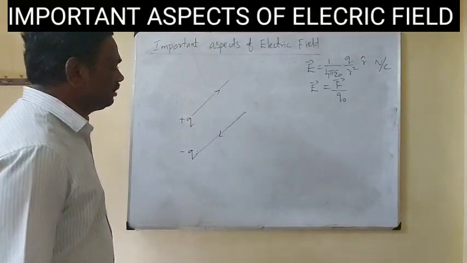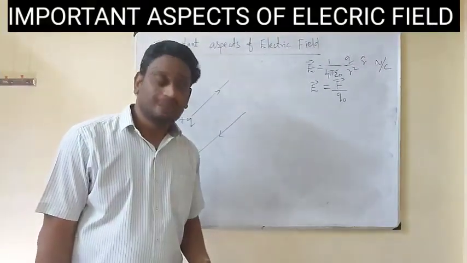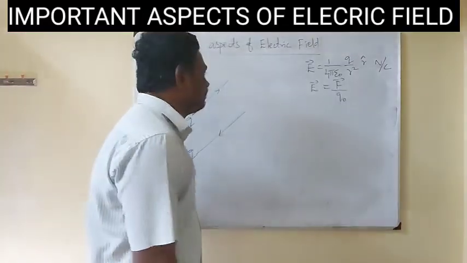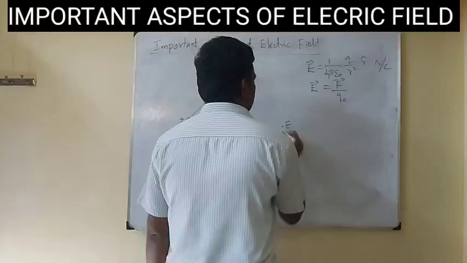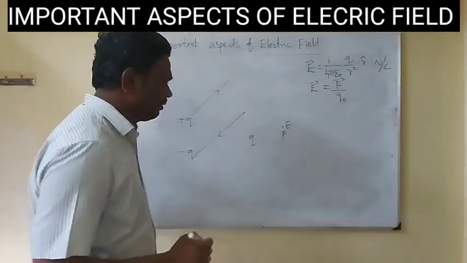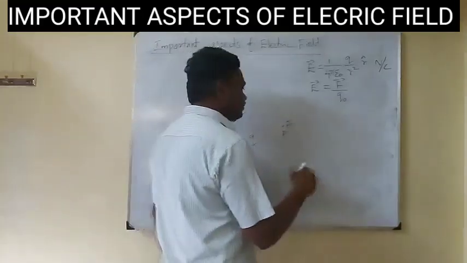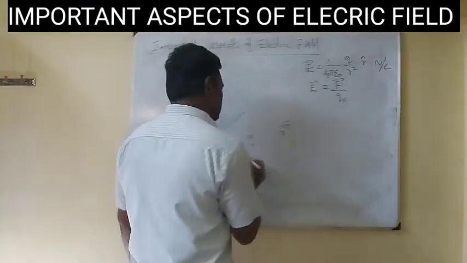And then the second one: if the electric field at a point P is E, then the force experienced by the test charge, and this is called the source charge.